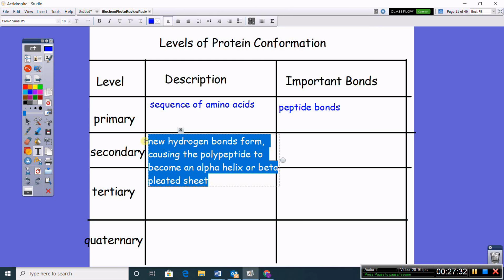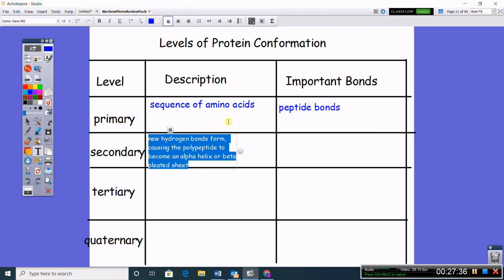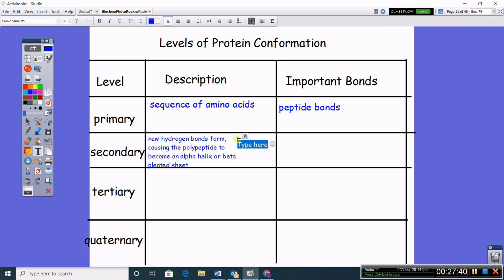Okay? See if we can get that all to fit there. So important bonds here would be your hydrogen bonds.